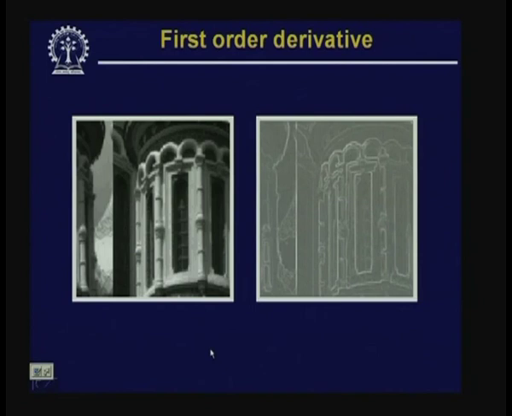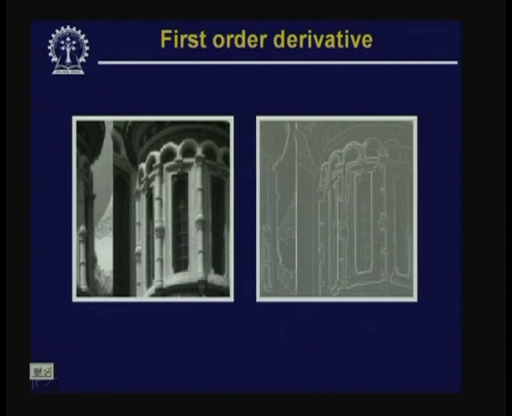On the left hand side we have the original image, and on the right hand side we have the processed image, which highlights the edge regions or discontinuity regions in the original image.